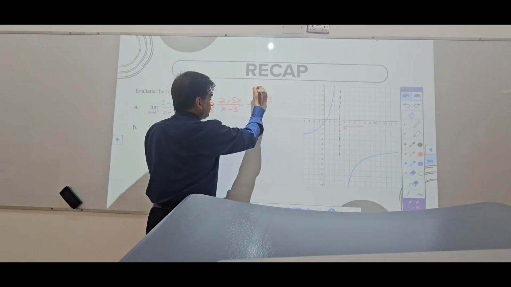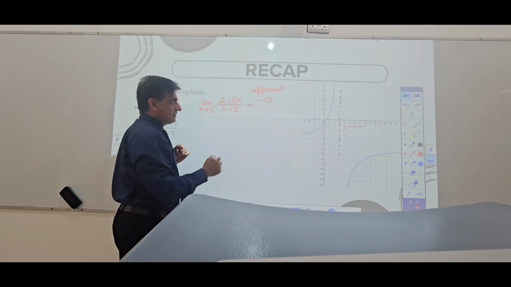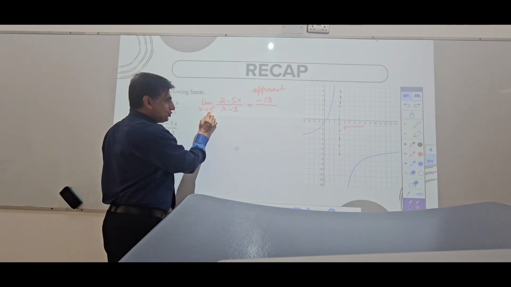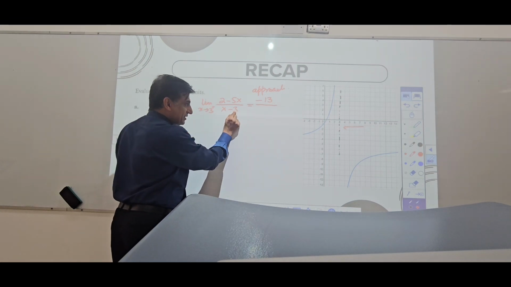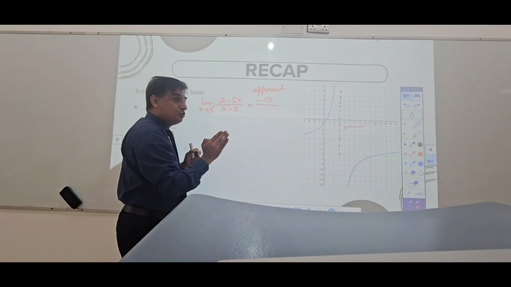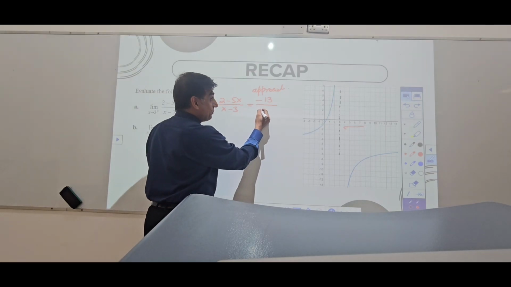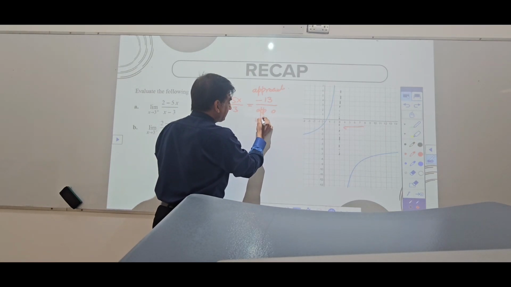Let me write it down: approaches minus 13. Look at this one. When x approaches 3 from the positive side, this number is going to be slightly bigger than this one. This whole function will approach 0, but from the positive side.